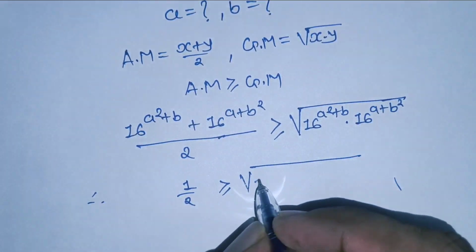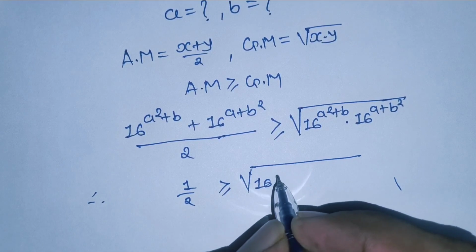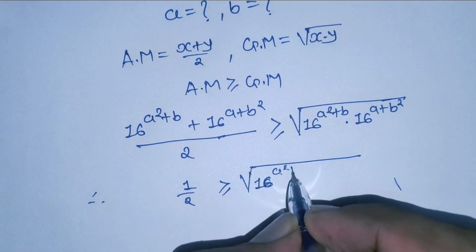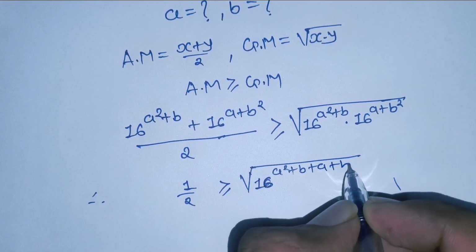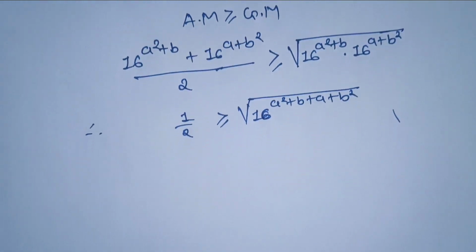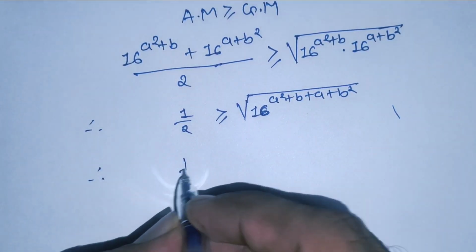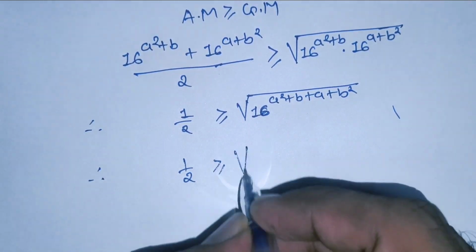base same, then powers add, means 16 raised to (a square plus b plus a plus b square). This I think is clear.